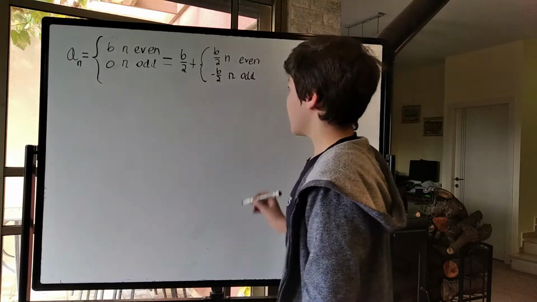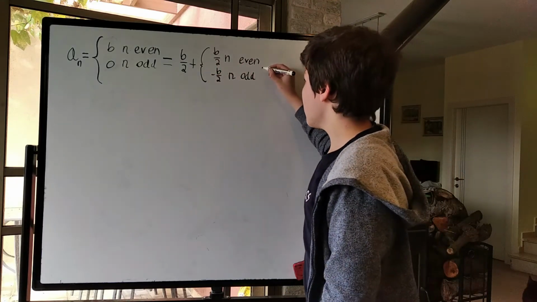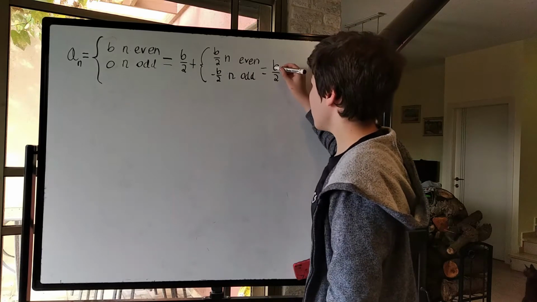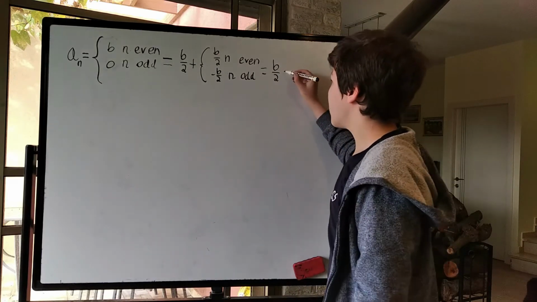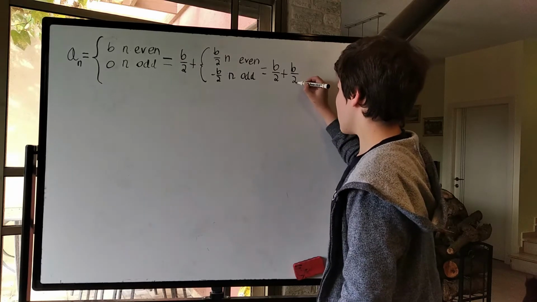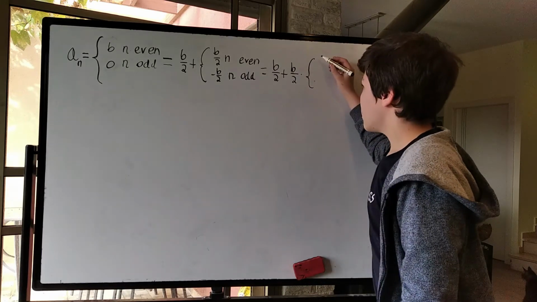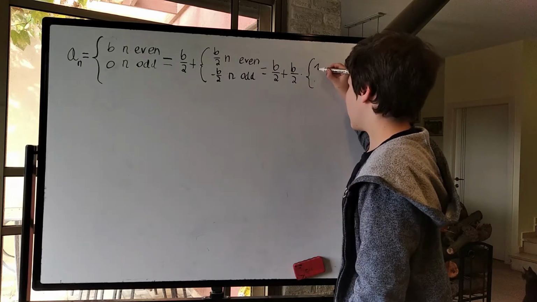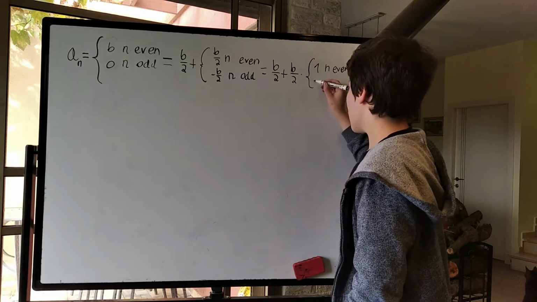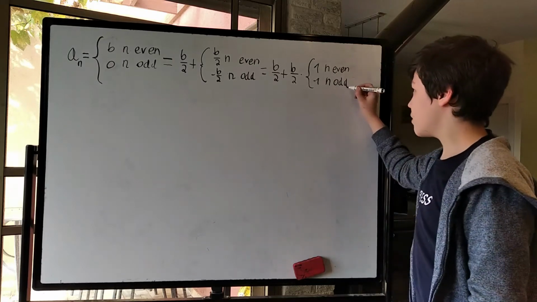And now, again, take out a b over 2. Then we're going to have b over 2 plus b over 2 times 1 when n is even and negative 1 when n is odd.